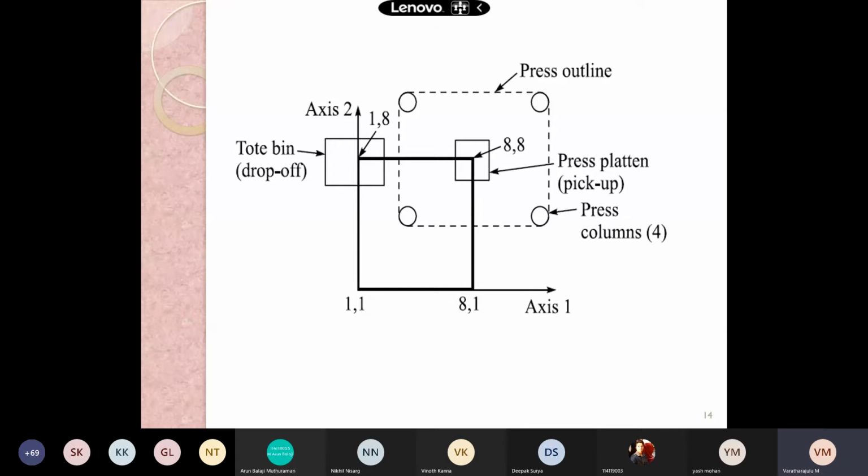This is a layout of the work cell and the pattern of the press. The robot must drop the parts in the tote pan. Here we have the tote pan. The robot has to drop it there, otherwise that might be the dustbin.